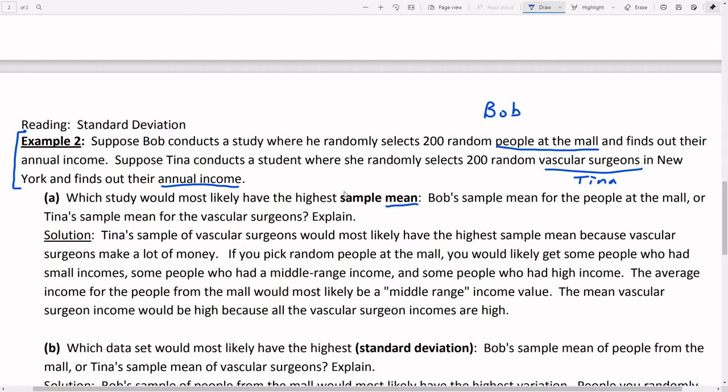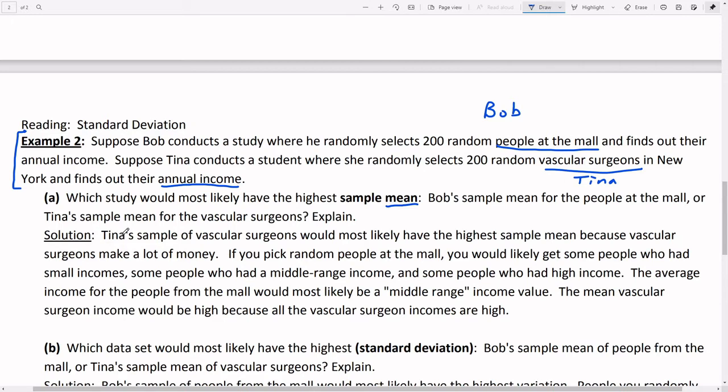Their income or lack thereof will be in your calculation. So you've got this group of people who have incomes that are kind of all over the place, but more specifically, some will be lower. Well, you add up lower numbers plus maybe some higher numbers, your average will be lower than adding up just a bunch of big numbers for the surgeons.